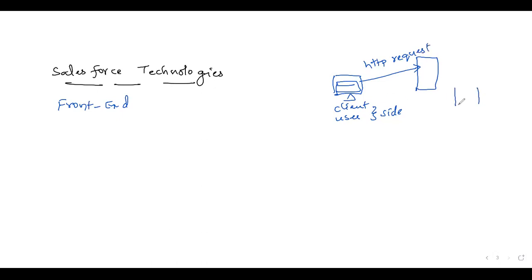And at the server side, we'll be having the database, whatever it may be. The database and server we have, there is a connection in between the server and database.